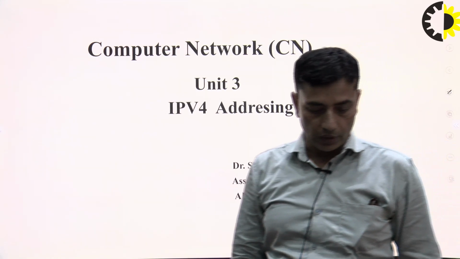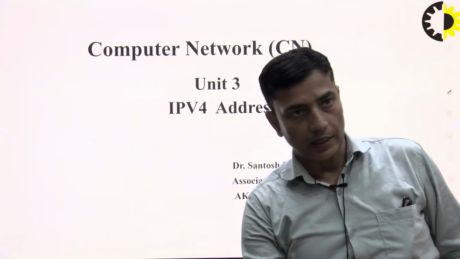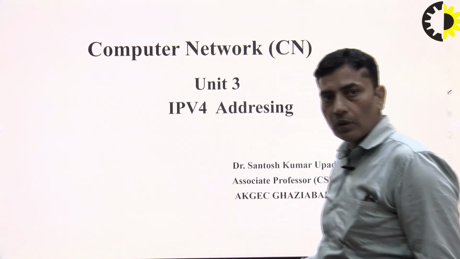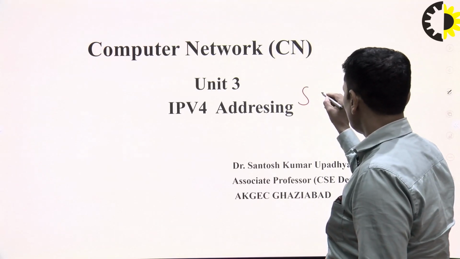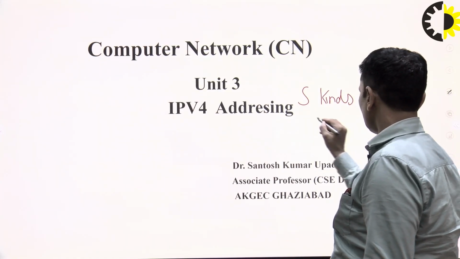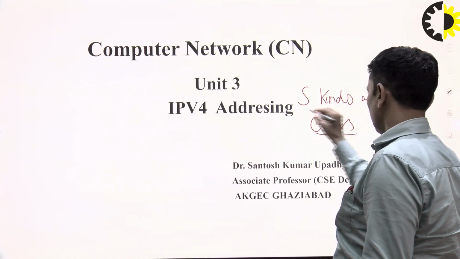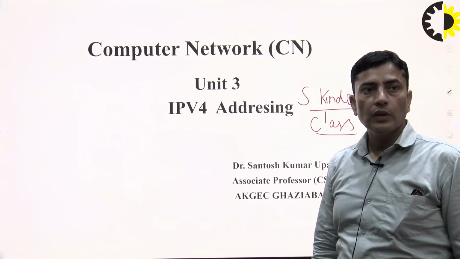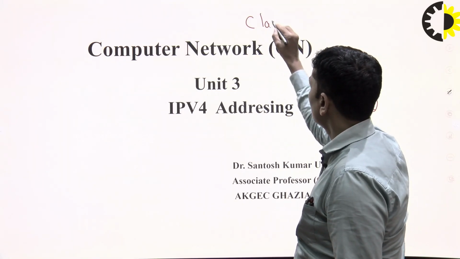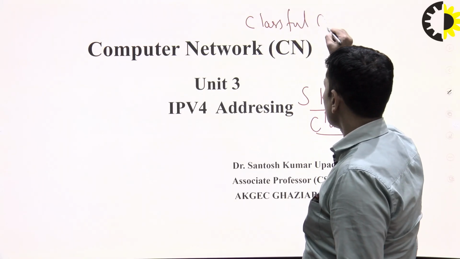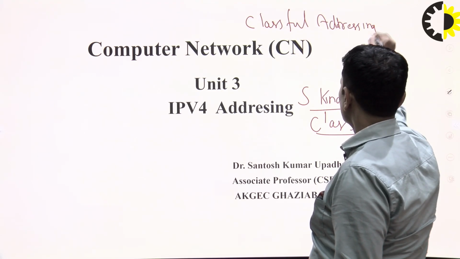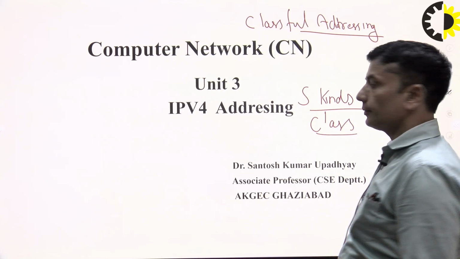Now in this class I will cover the matter related to IPv4 addressing. As we know, IPv4 addressing is 32 bits long, and there are 5 kinds of class groups. That is known as classful addressing.